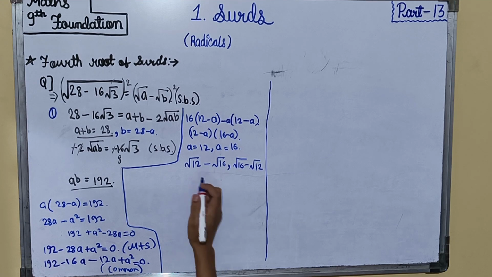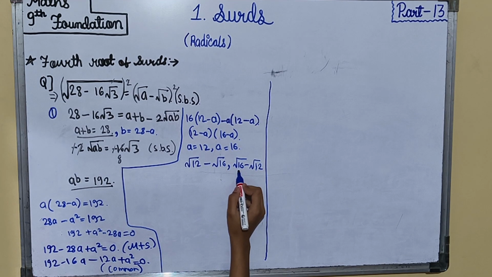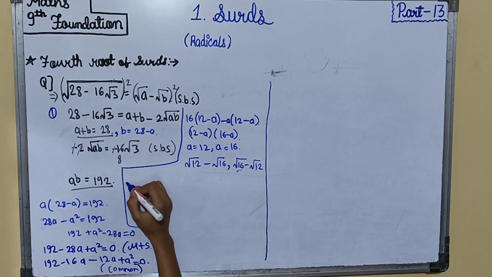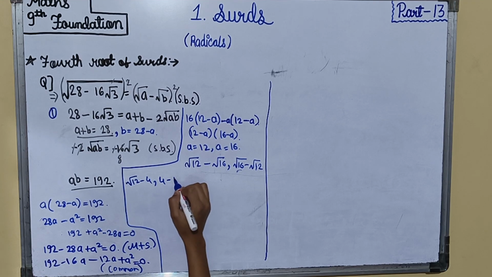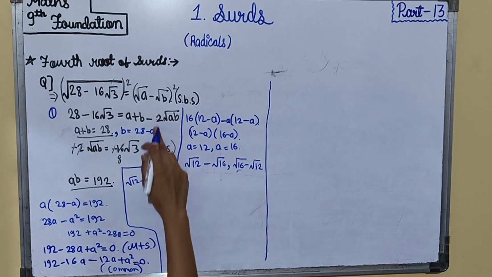This root 16 could be 4. So this can be root 12 minus 4 or 4 minus root 12. We have to choose any one.